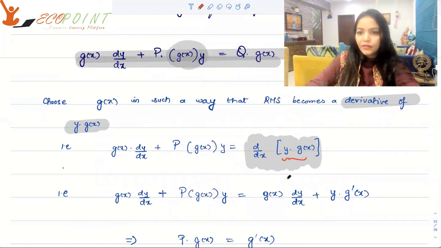Using the product rule, it will be g(x) dy by dx plus y into g dash x. So this is what you will get.